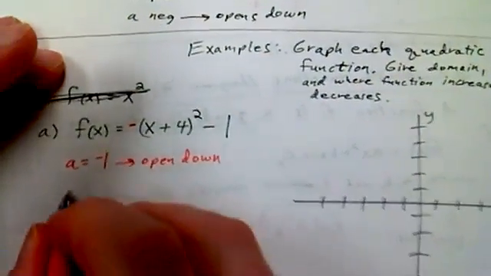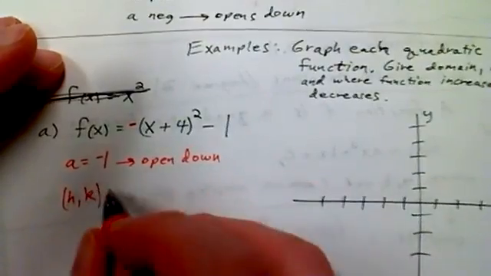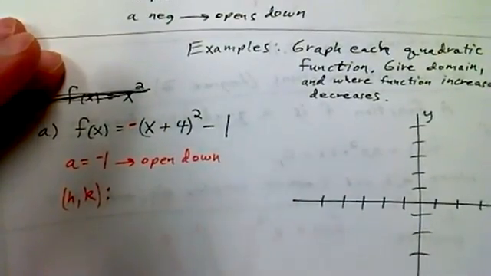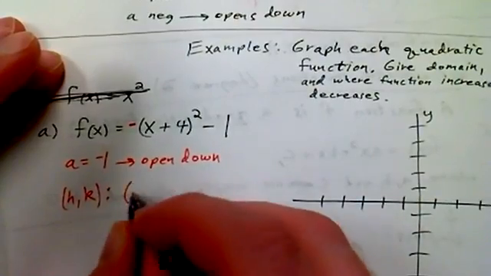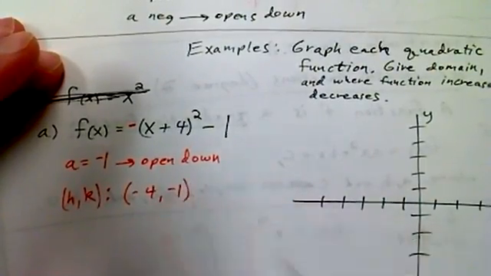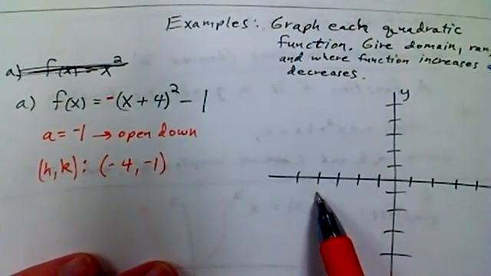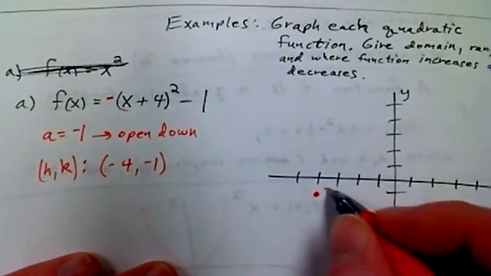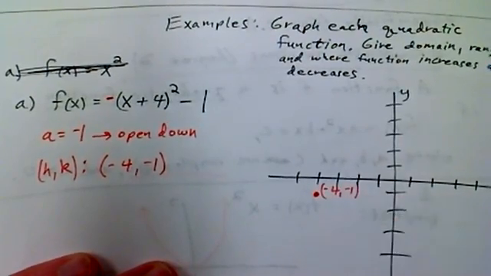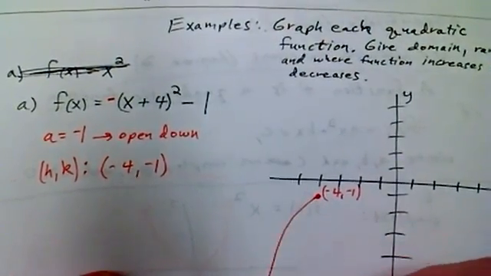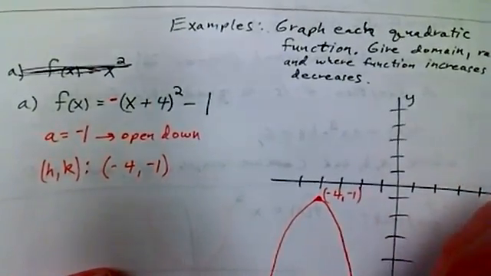And I also notice that I have h and k here, okay? h and k, if I compare, are going to be -4 and -1. So that tells me my vertex is (-4, -1). And I know it is opening downwards from our a value.